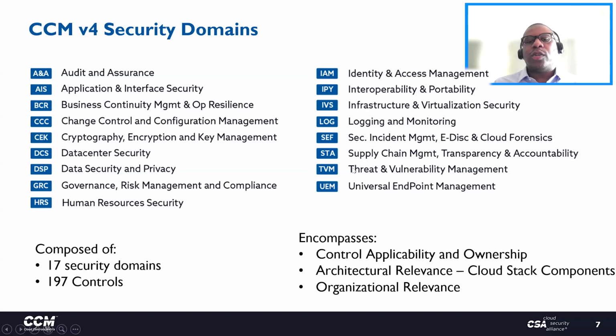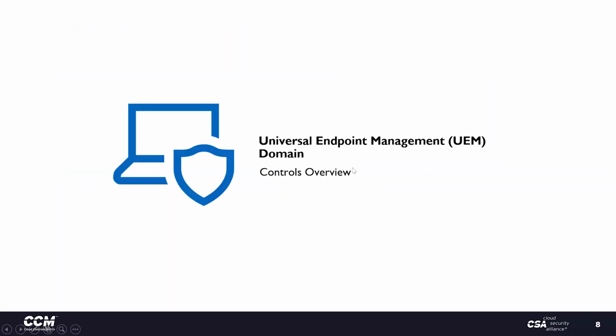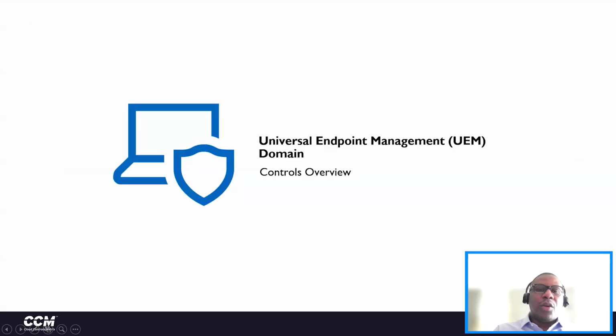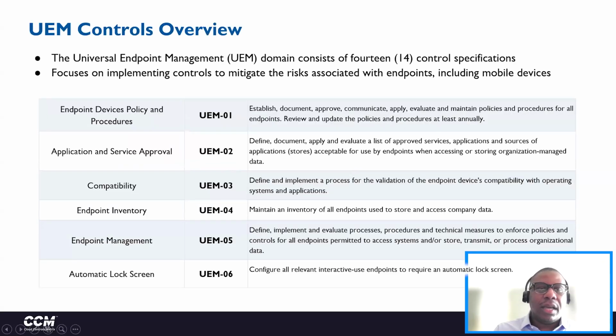This is also referred to as UEM, the domain itself. So the domain specifically has 14 control specifications. We'll touch lightly on them. So Universal Endpoint Management, UEM, the domain consists of 14 specific control specifications that we'll be looking at. One is around endpoint devices, policy and procedures. There's one around application and service approval.